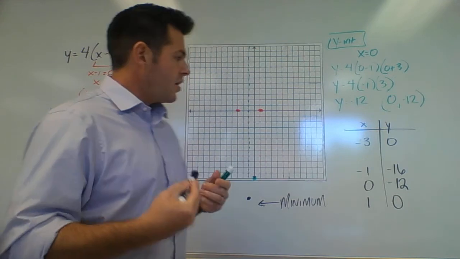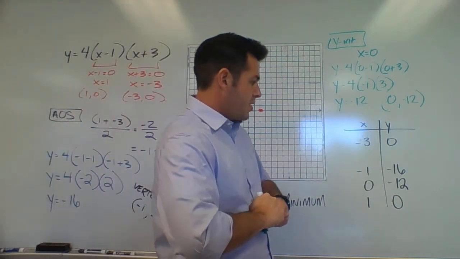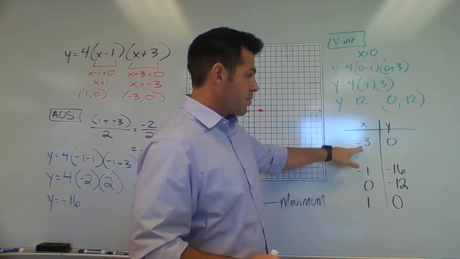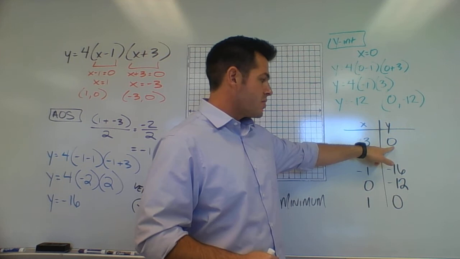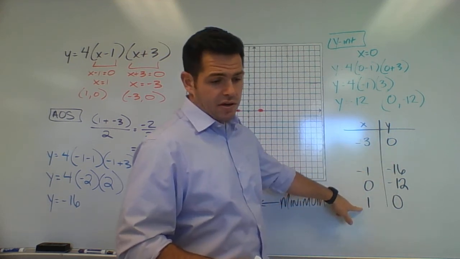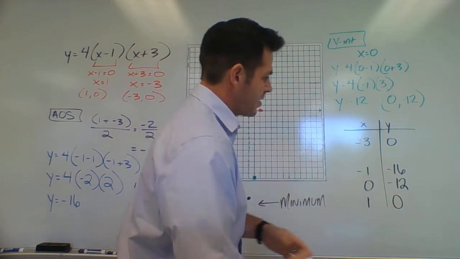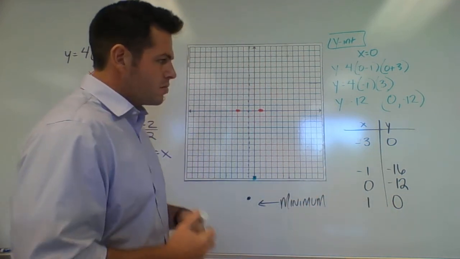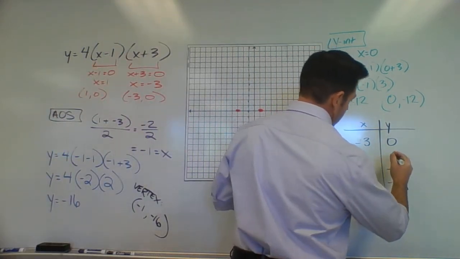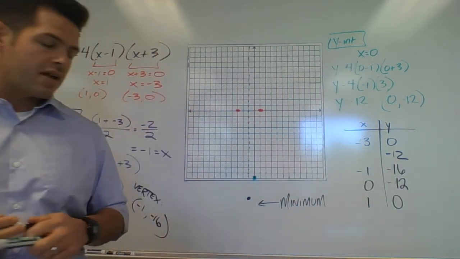So again, if we understand the concept of the mirror here, we know that 2 spots away from -1 is -3. If that y value is 0, 2 spots from -1 is +1 on the other side of the mirror, and that y value was the same exact thing. So without too many calculations, we should be able to figure out another y value that has -12.